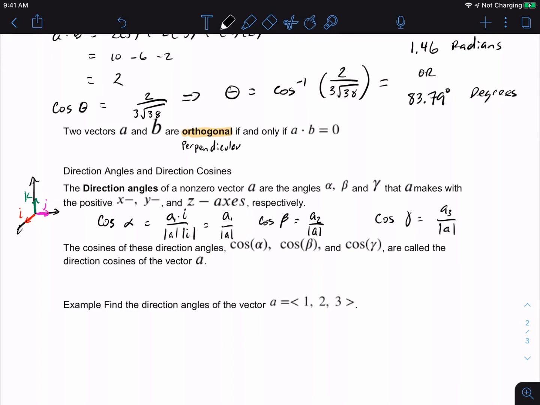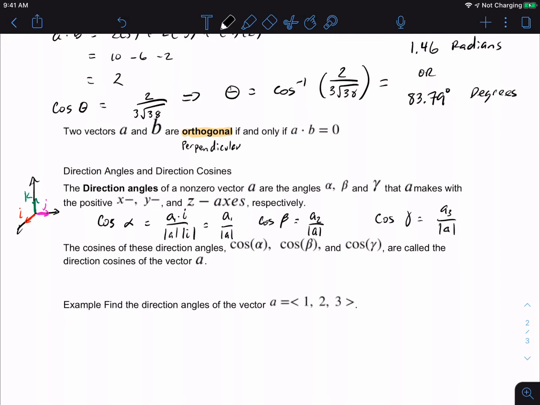So gamma is referring to the angle of the vector to the z coordinate. Beta is referring to the angle that's created from the vector to the y-axis. And then alpha is the angle that's created from the vector to the x-axis.